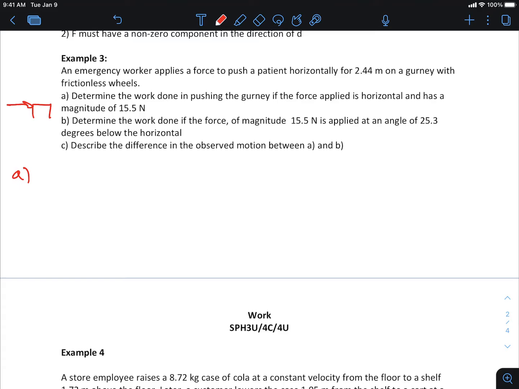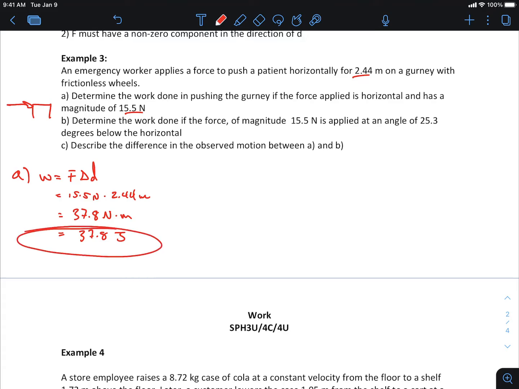And so work is just equal to the force times the displacement, which is going to be the 15.5 newtons multiplied by the displacement of 2.44 meters, right? And what do we get? Well, we get 37.8 newton meters, which would be equal to joules, right? Anybody have any problems with that?